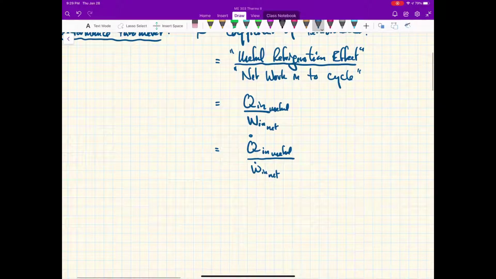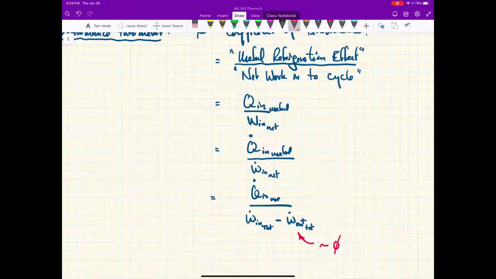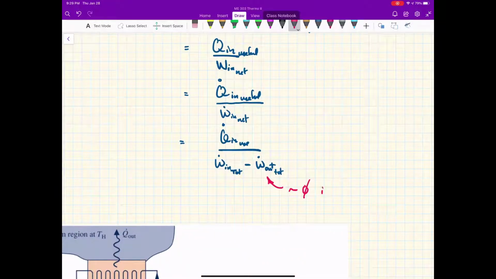And so that is, of course, Q dot in useful over the total work in minus whatever work out that we're able to recover if we could. Frankly, in practice, this is going to be negligible.